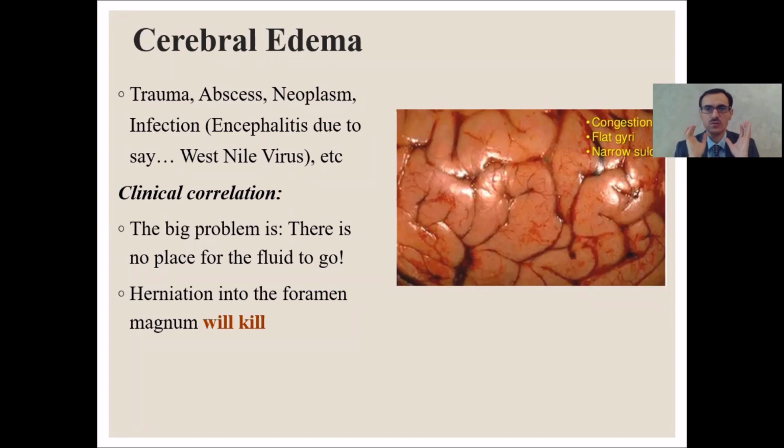But when the fluid accumulates in the brain, you know that there are no places for outflow, and the fluid flows through the foramen magnum of the occipital bone.